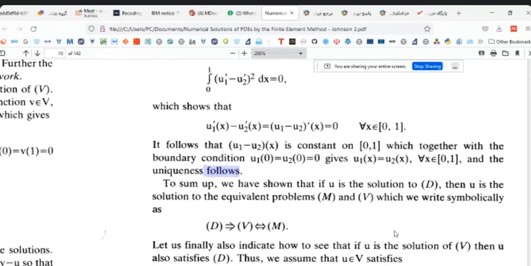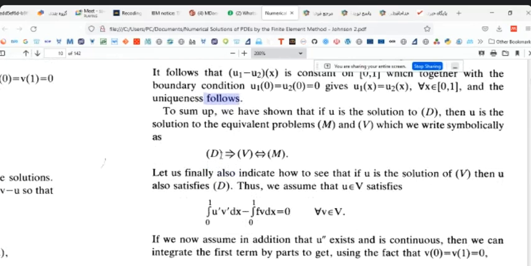So we want to conclude about the concept we have discussed here. The concept is that if we have a solution U to D, it is also a solution to M and V, and M and V in this case are equivalent, and we can show the conclusion in short like this.